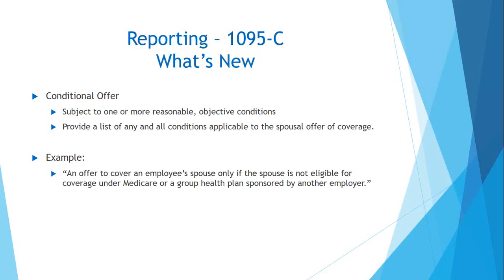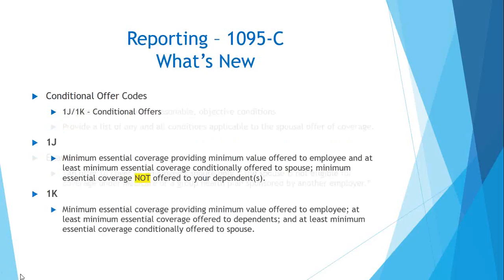They will cover a spouse as long as that spouse does not have coverage elsewhere, and they'll cover them at 100%. So that would be a condition on that offer of coverage to the spouse. Because again, for the mandate, you just need to offer coverage to employees and dependent children. You don't have to offer it to spouses. If you happen to offer it conditionally, your codes are the 1J and the 1K.